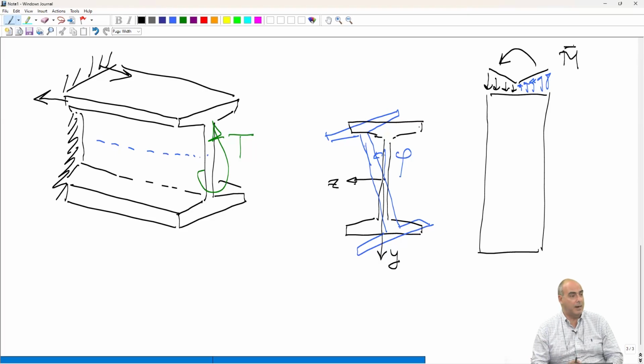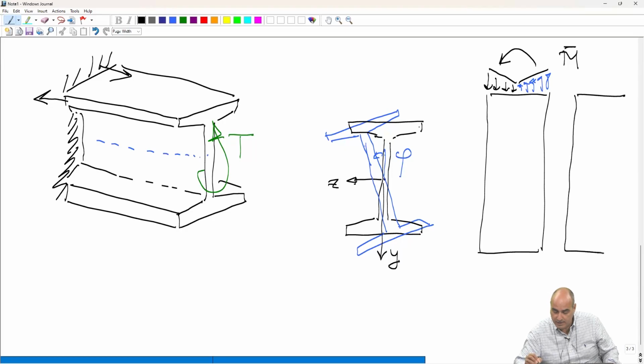Let's call it M bar. On the bottom flange it is exactly the opposite, because the two flanges tend to go in opposition of phases. So this is the top flange, and this is the bottom flange.